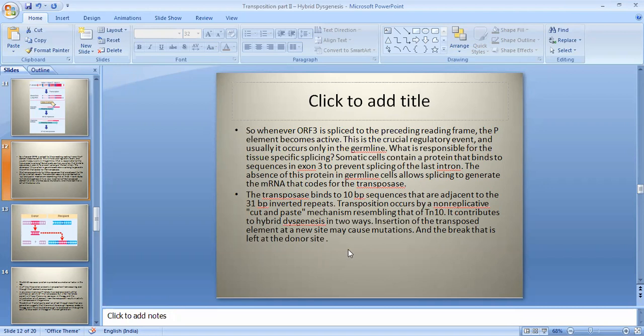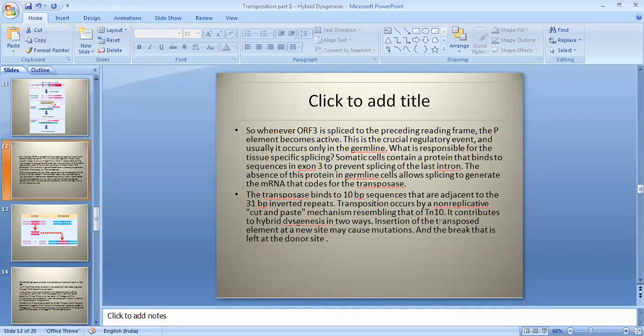Now the transposase binds to 10 base pair sequences that are adjacent to the 31 base pair inverted repeats. This transposition occurs by a non-replicative cut-and-paste mechanism resembling the Tn10 transposon. It contributes to hybrid dysgenesis in two ways.